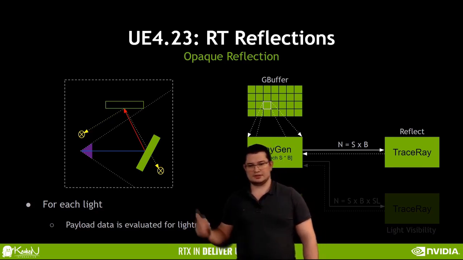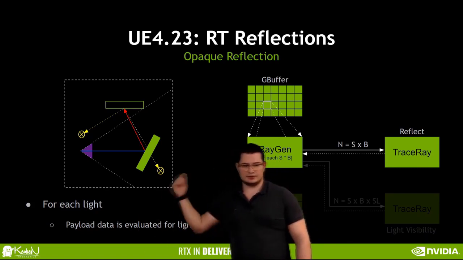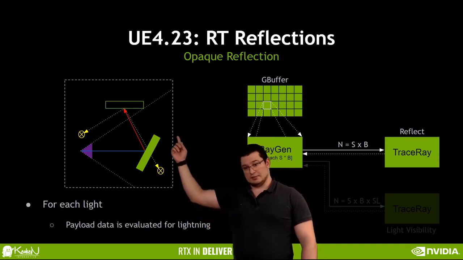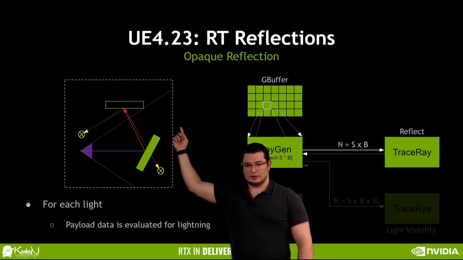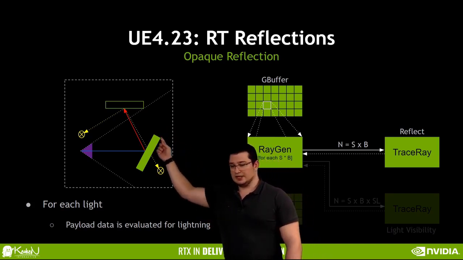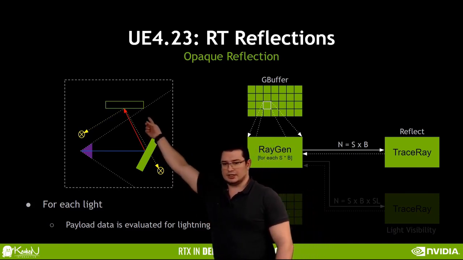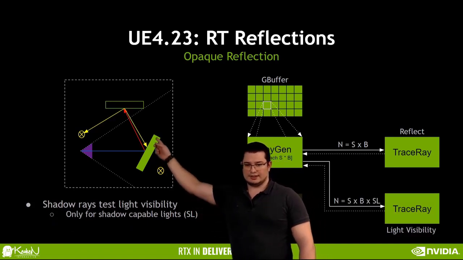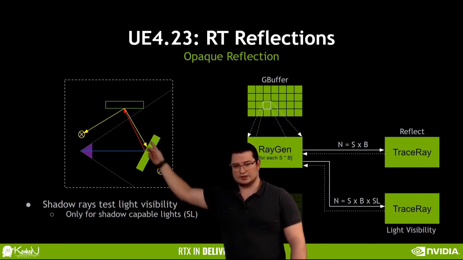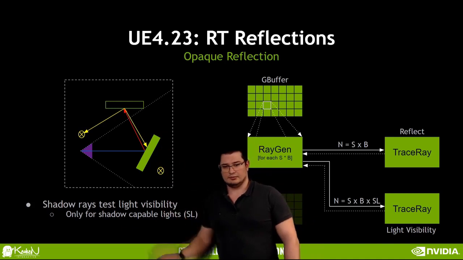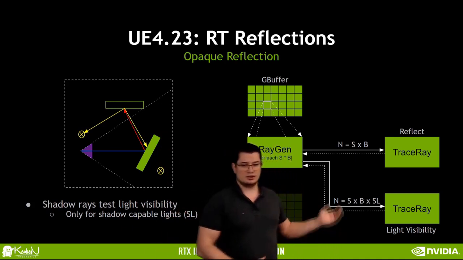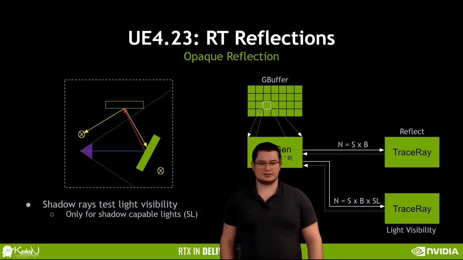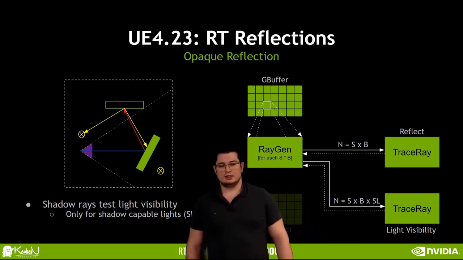There's a loop which iterates over this data, and based on the type of light, and also on whether this light is able to cast a shadow, it is also tested for occlusion. If the light is occluded by some geometry, it's not lit. But it is tested, so it also costs ray tracing rays. Ray casts. It also costs ray casts.